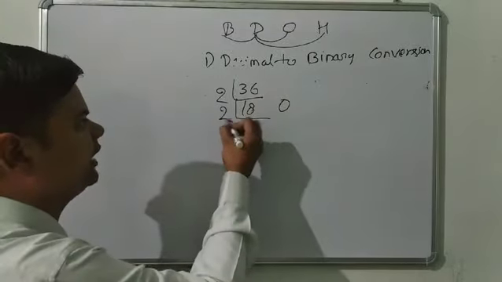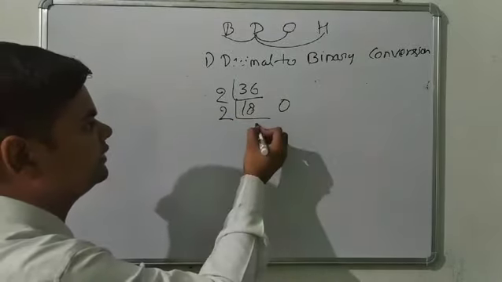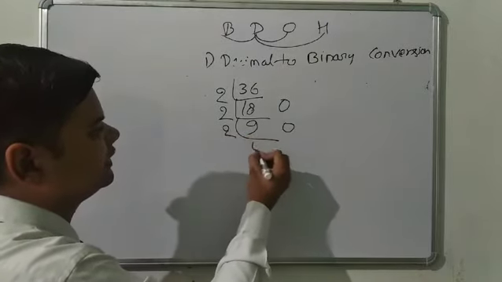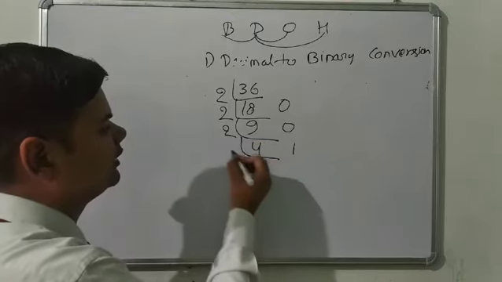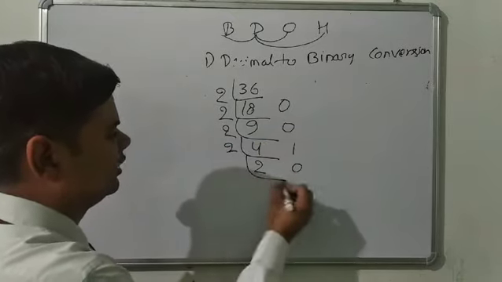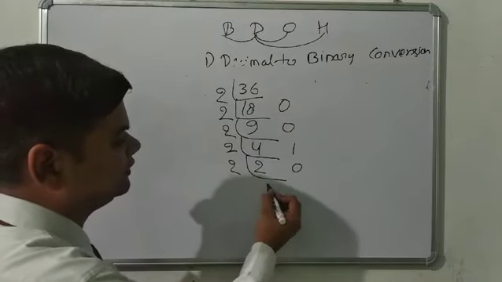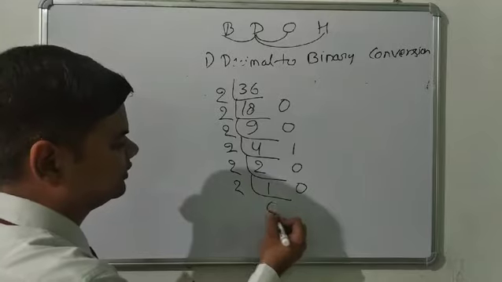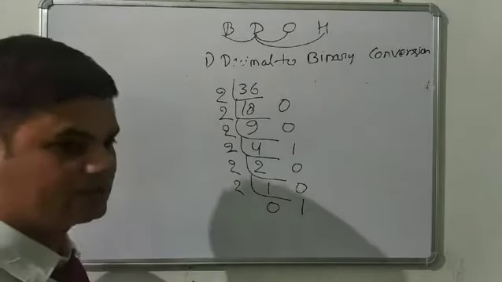Then again 18 divided by 2, we get 9, remainder 0. Again 9 divided by 2 is 4, remainder 1. Again 4 divided by 2 gives 2, remainder 0. Again 2 divided by 2 is 1, remainder 0. Again 1 divided by 2 is 0, remainder 1. So this is the method.